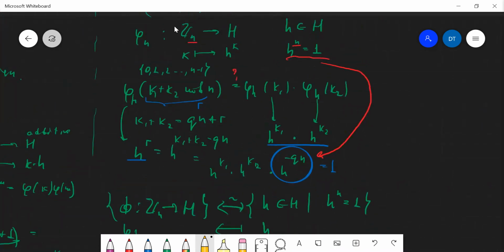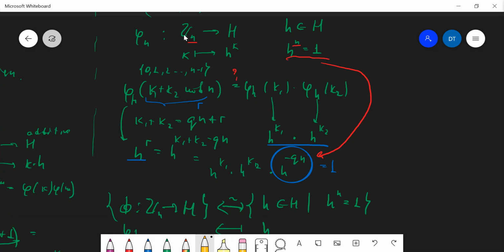Let me repeat from here. What's written here shows you that each element with this condition gives you a homomorphism. What does it mean that this element gives me a homomorphism? Did you get the claim for the group Z?